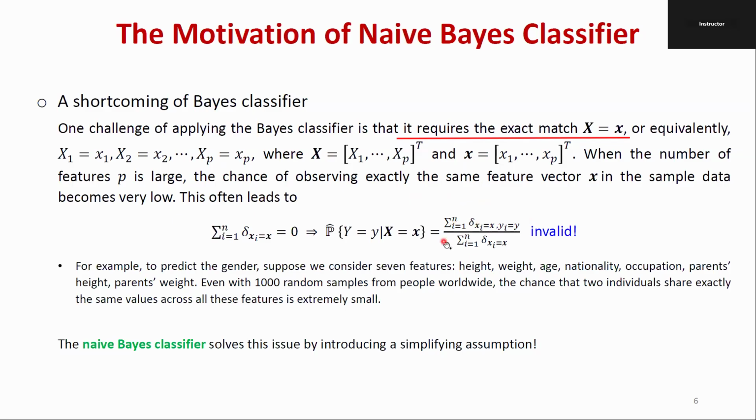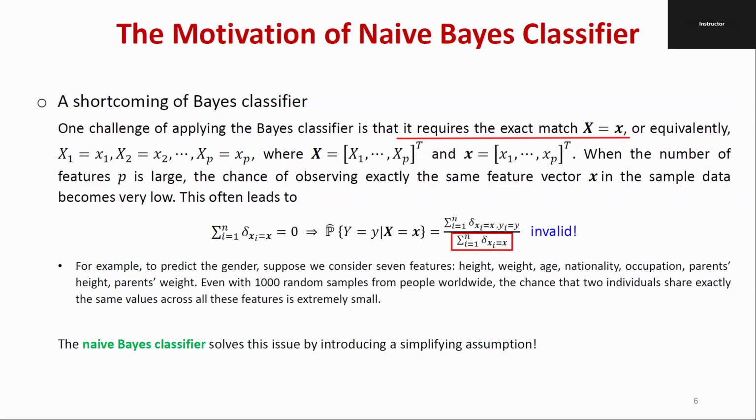In other words, this one will be invalid. Why? Because of this item in the denominator, delta of xi equal to x. If my p, the number of features, is very large, this will be zero because you cannot find even one sample where every feature exactly matches.